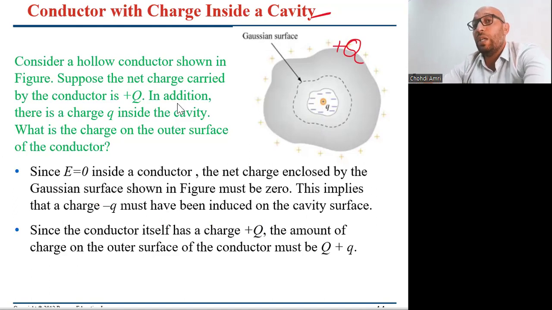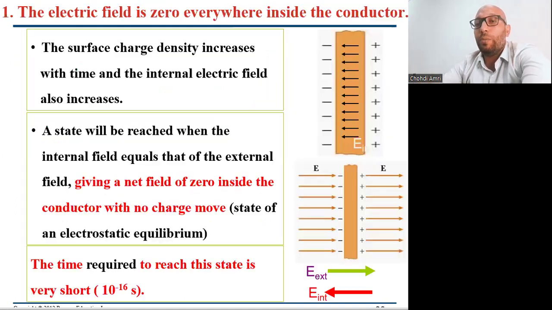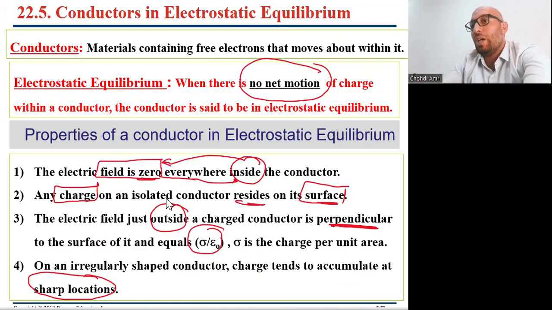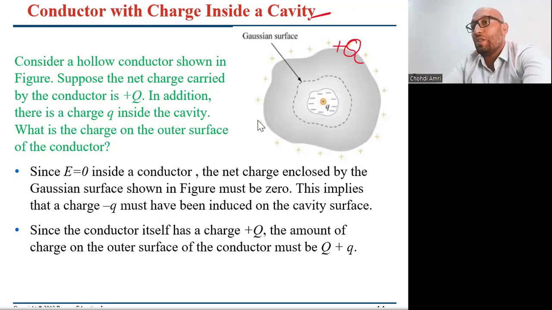Where is the charge located? According to the properties of the conductor, any charge on an isolated conductor in electrostatic equilibrium resides on the surface. So in this case, all the positive charges are distributed uniformly on the surface of this conductor.